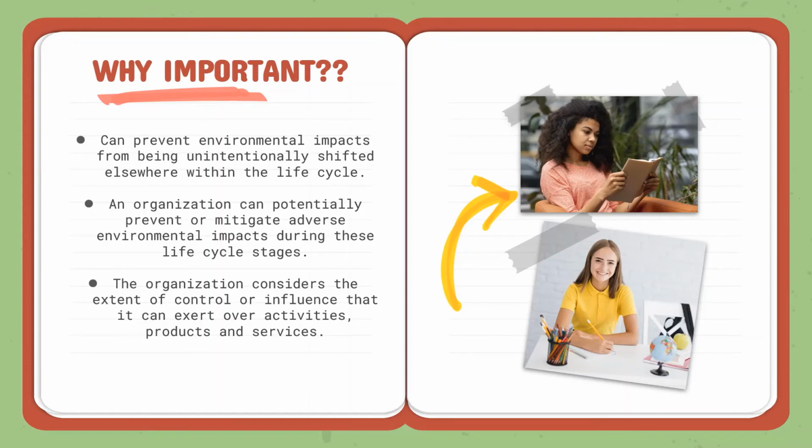Then, an organization can potentially prevent or mitigate adverse environmental impacts during the life cycle stage. Last but not least, the organization also can consider the extent of control or influence that it can exert over activities, products, and services.